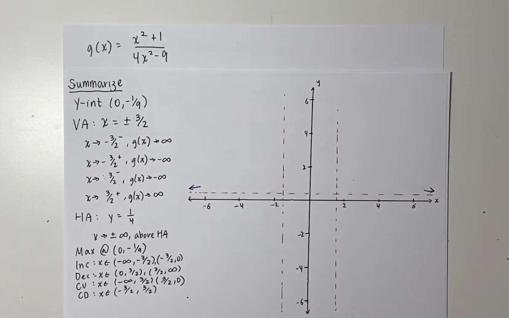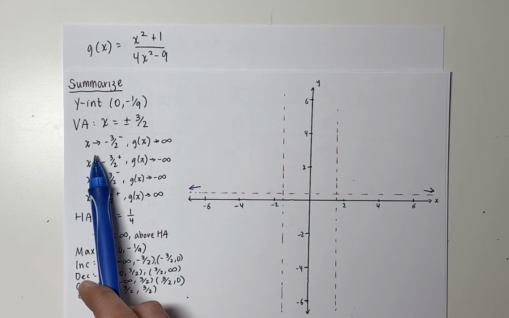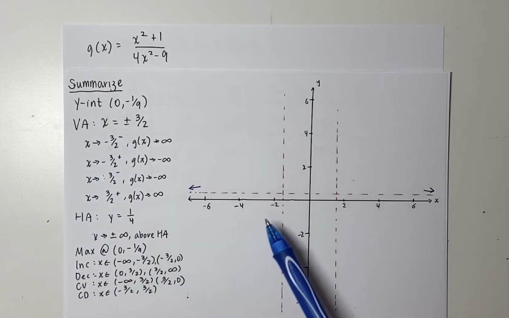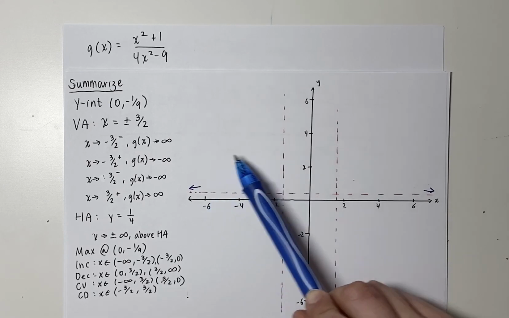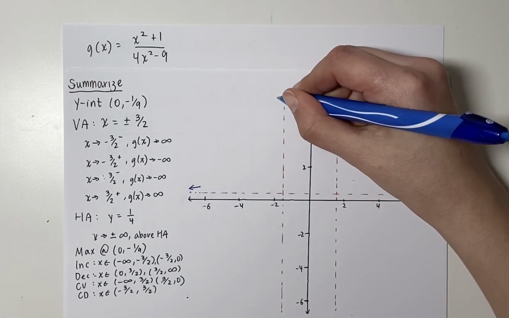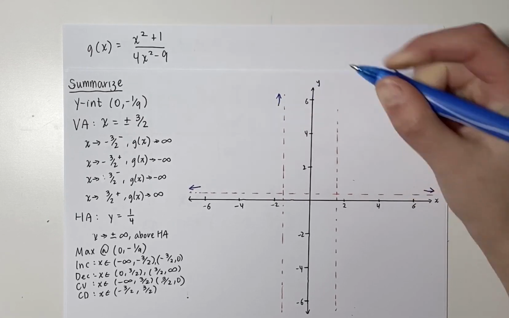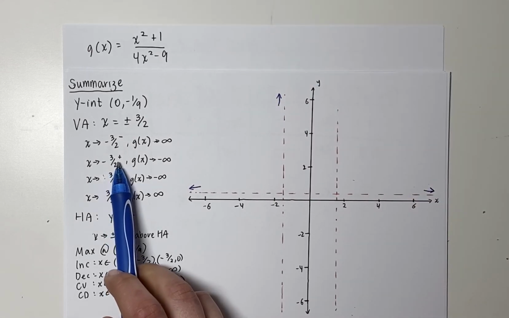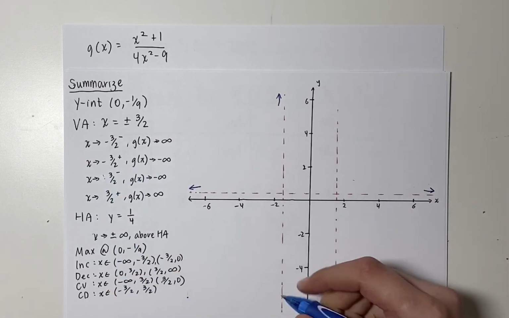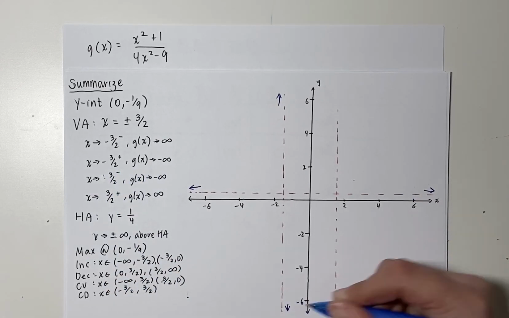For our vertical asymptote, as x approaches negative 3/2 from the left side, it goes to infinity. So that'll be over here. Now as it approaches from the right side, it goes to negative infinity. So that'll be over here.